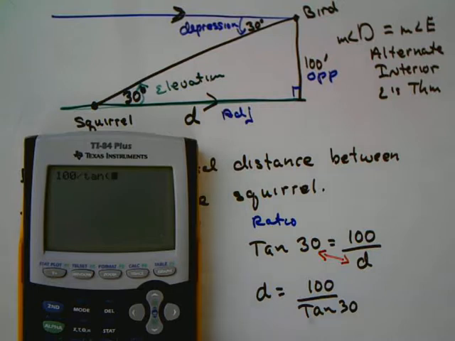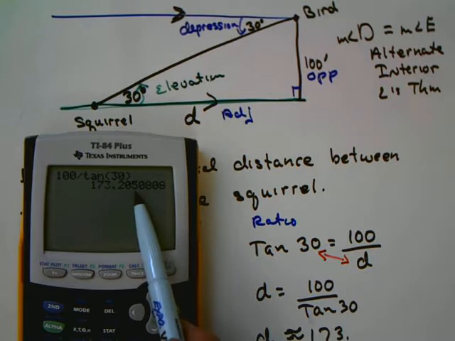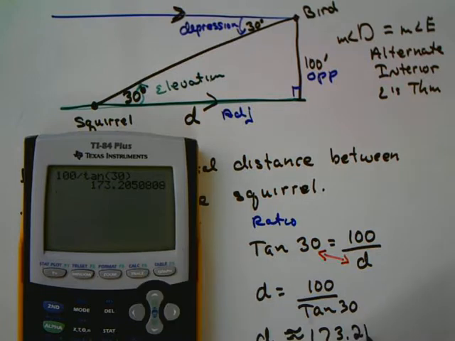And I see that my horizontal distance along the ground is approximately equal to 173.21 feet. We'll round to the hundredth place, and it's feet because it was feet up here. Okay? So that's how you use the angle of depression.